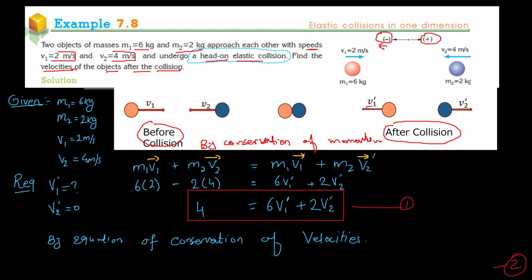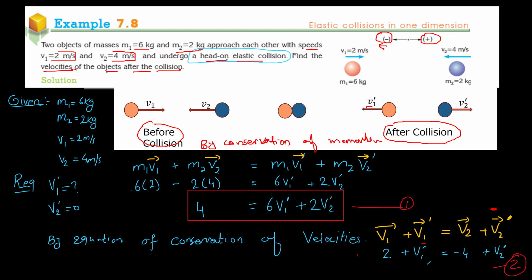For that we will use the equation for conservation of velocities: v1, the velocity of the first object, plus the velocity of the first object after collision, equals v2, the velocity of the second object, plus the velocity of the second object after collision.